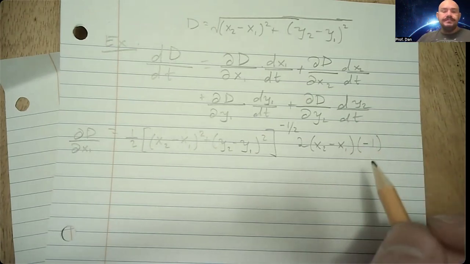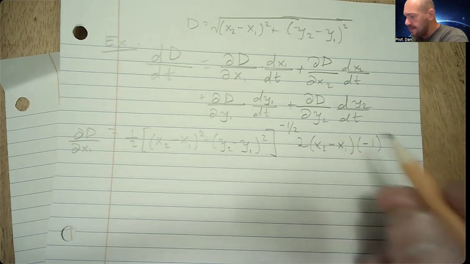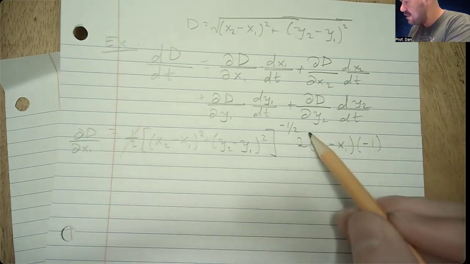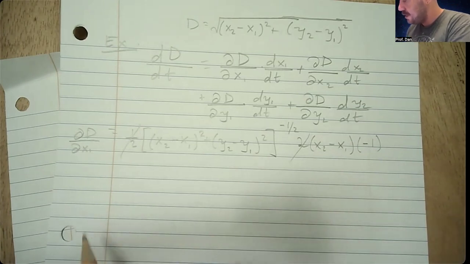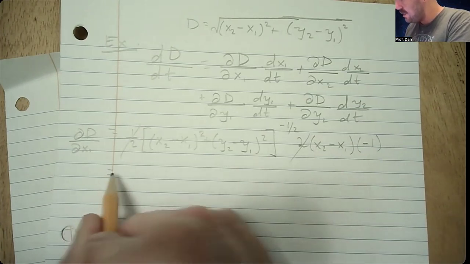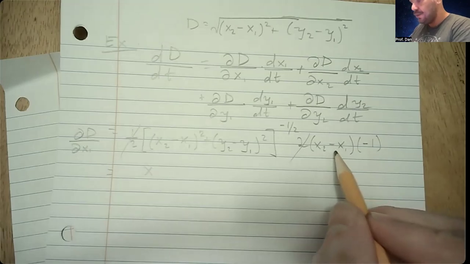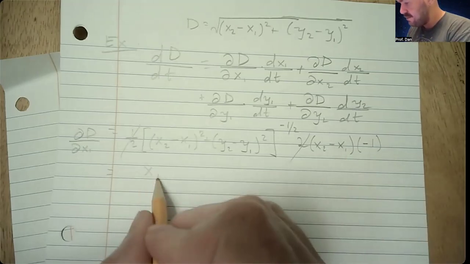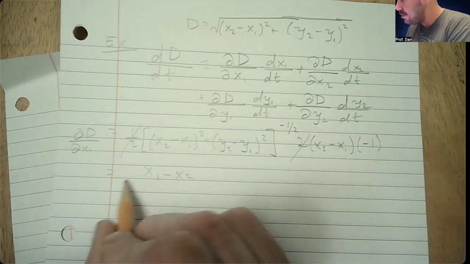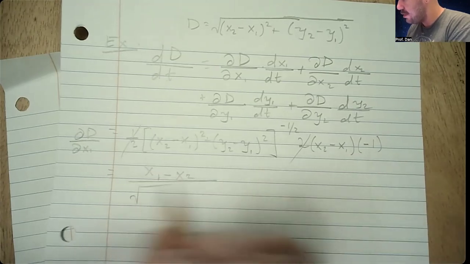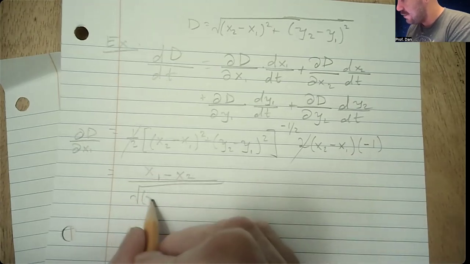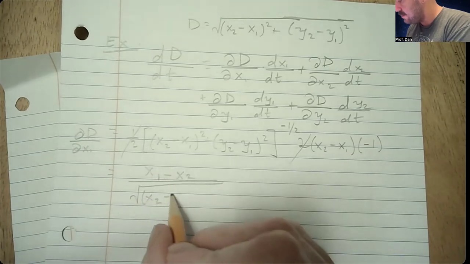All right. So when I simplify that, the 1/2 times the 2 will give us 1. And basically we end up with a negative, or we could just swap these either way, x1 minus x2 over the square root of all that.